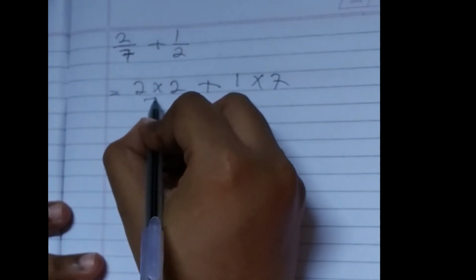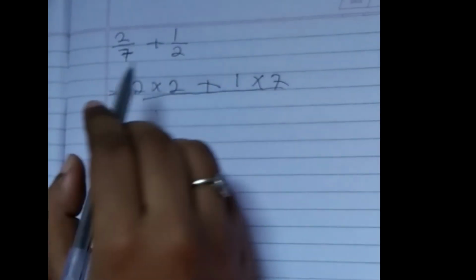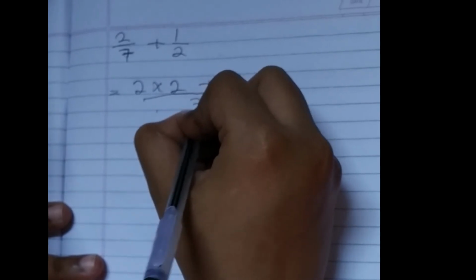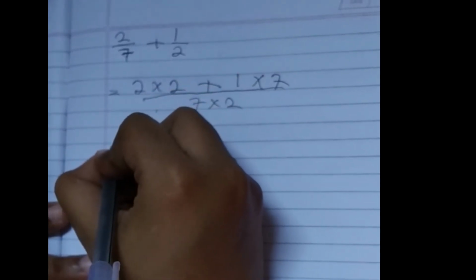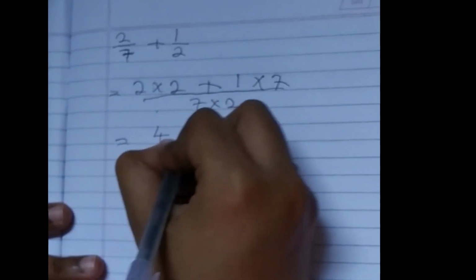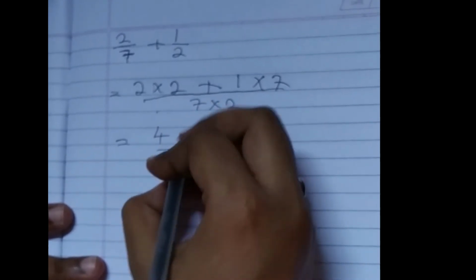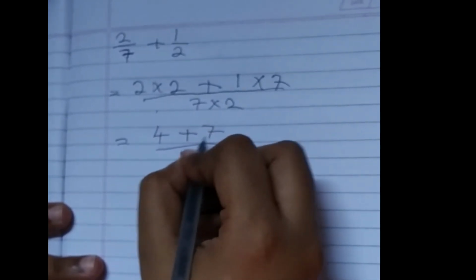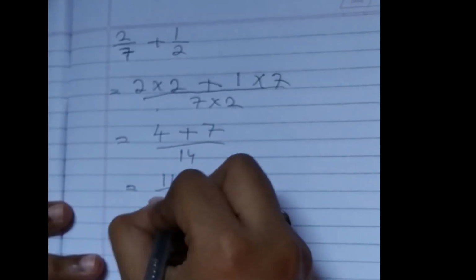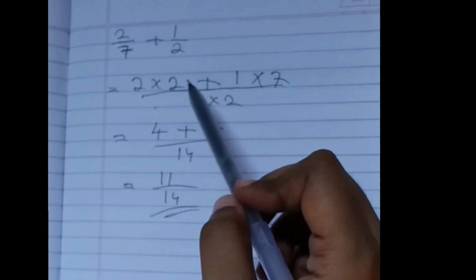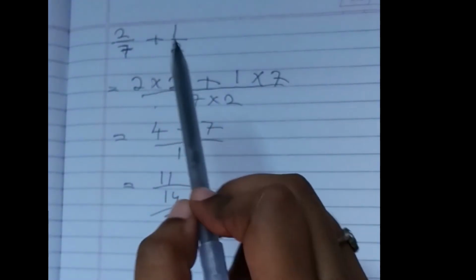So the whole common denominator will be, what is the common denominator? Multiplication of both the denominators. Equal to 4 plus 7 upon 2 sevens are 14. Okay, if you solve the same sum by LCM method, the answer will be same.